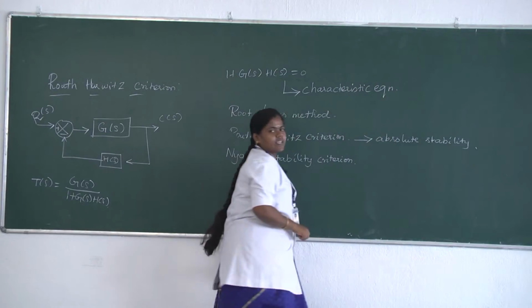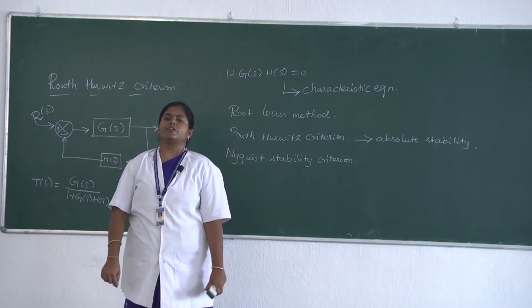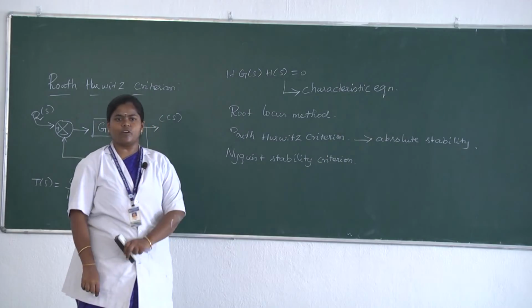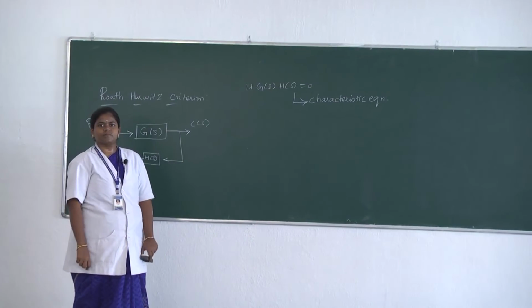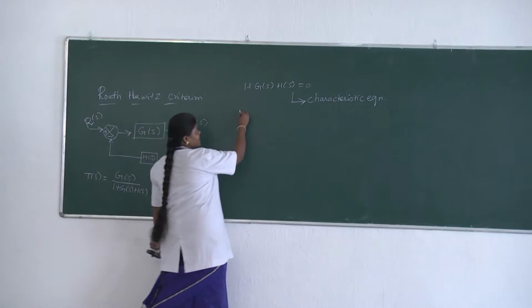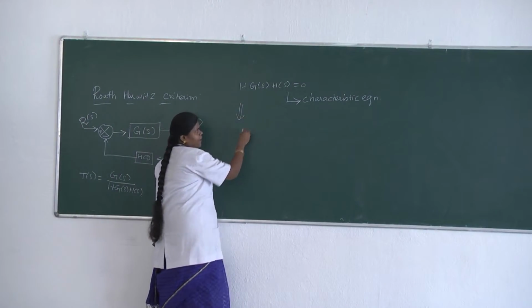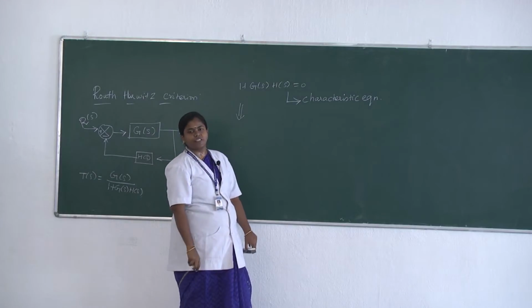This characteristic equation plays an important role in determining the stability of the system, and it will be a polynomial equation in terms of S.